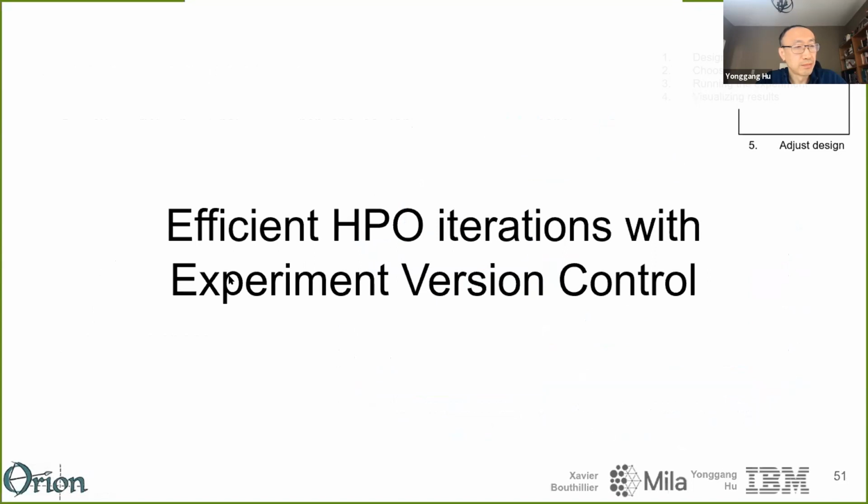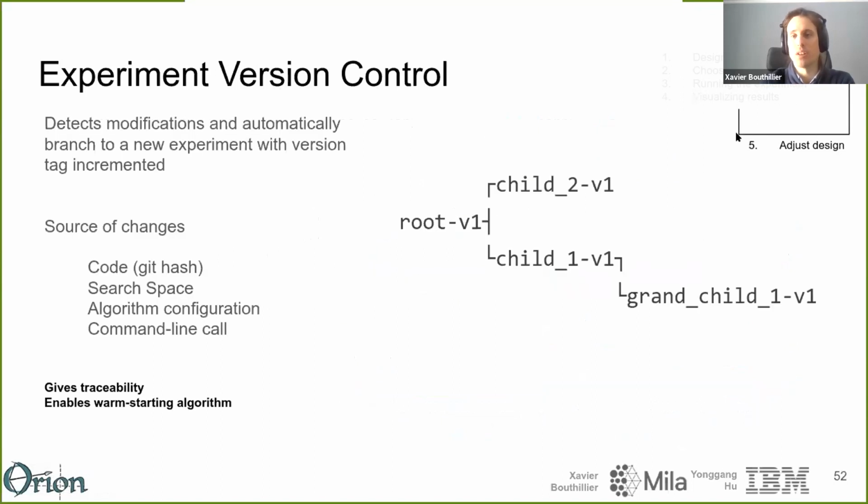Okay, so quickly, how to make efficient iteration in HPO with the experiment version control in Orion. This is the feedback loop here, this 5th step, adjust design. So first of all, what is the experiment version control? You can think of it as a code version control, but at the level of the experiment for the hyperparameter optimization instead.